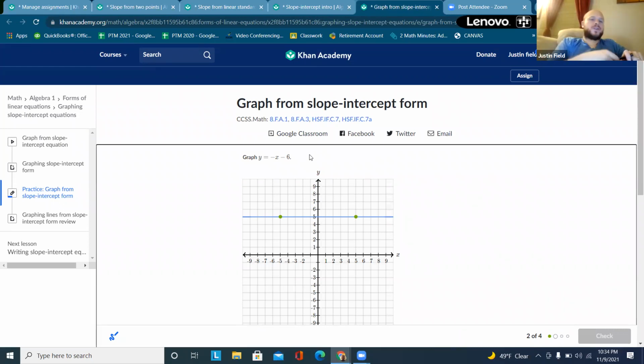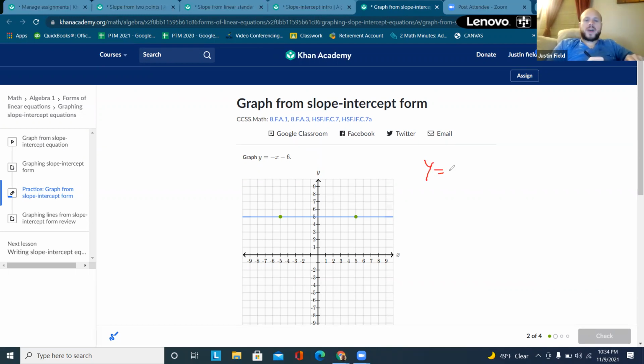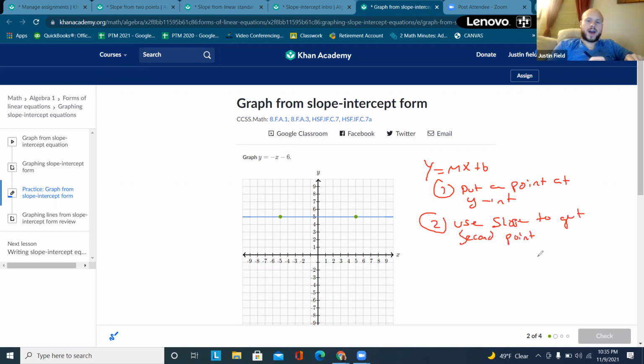All right, now, last one. Graphing in slope-intercept form. So when we have slope-intercept form, number one, put a point at the y-intercept. Number two, use the slope to get the second point. How do you do that?